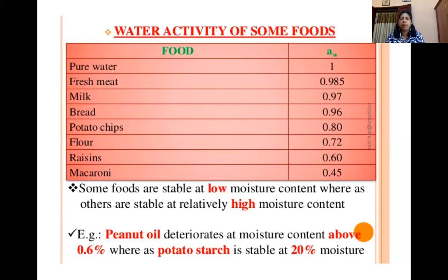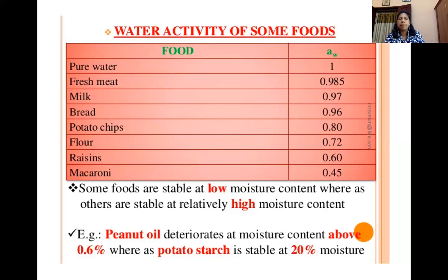They can't be kept for a longer period. When you compare milk and bread, the moisture content is totally different. In the bread, the moisture content is, I think, 45%. The moisture content of the milk is really more than 95, 97, 98.